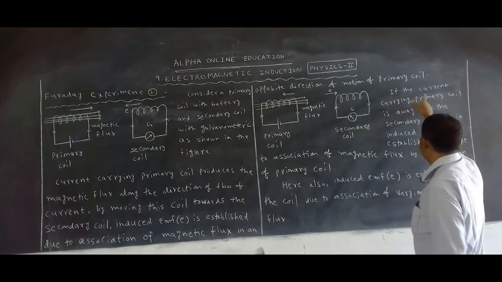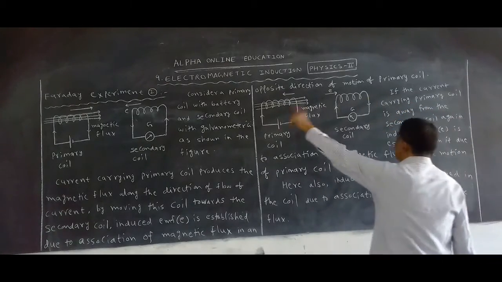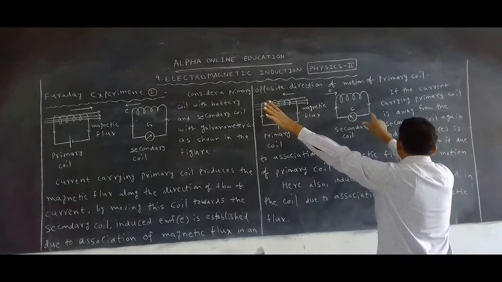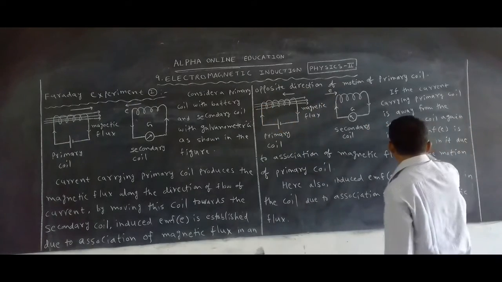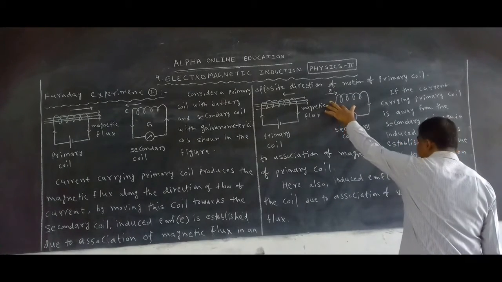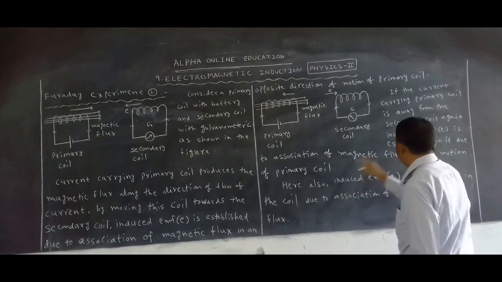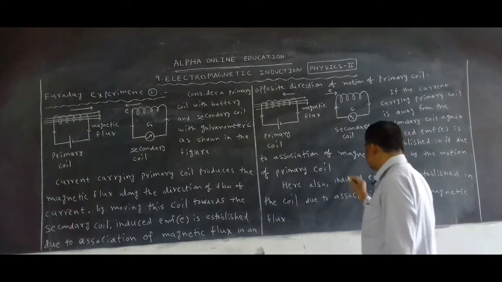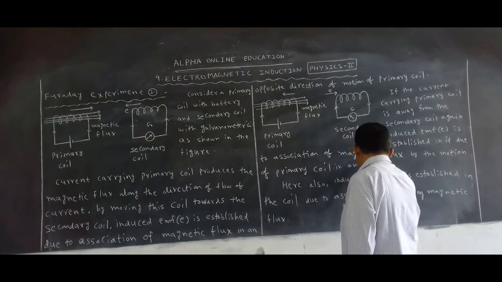If the current carrying primary coil is moved away from the secondary coil, again an induced EMF is established in it due to the association of magnetic flux by the motion of the primary coil, again in an opposite direction.